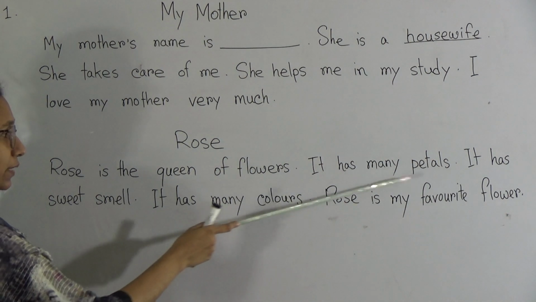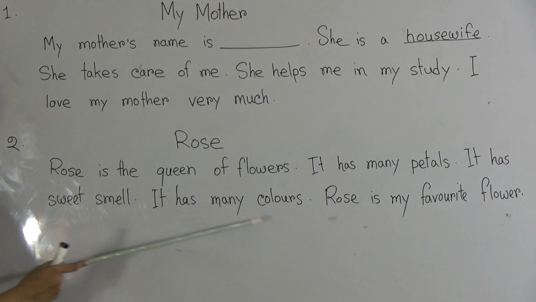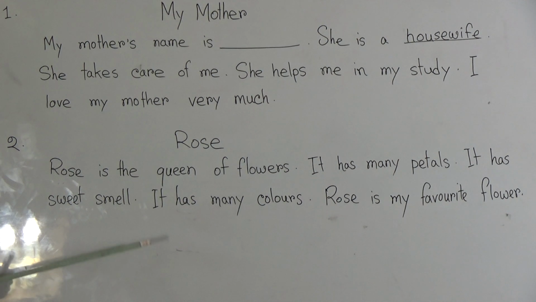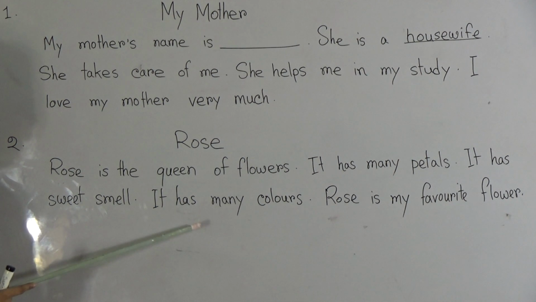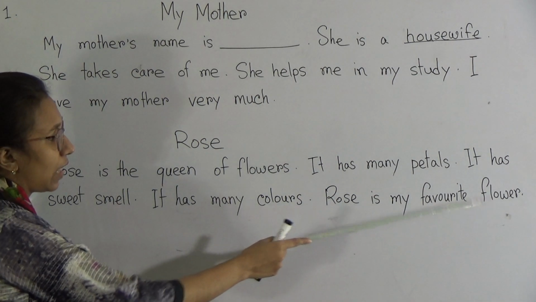It has sweet smell. It smells very sweet. It has many colors. The rose can be of many colors. It can be red, orange, or pink. Last sentence, the rose is my favorite flower.